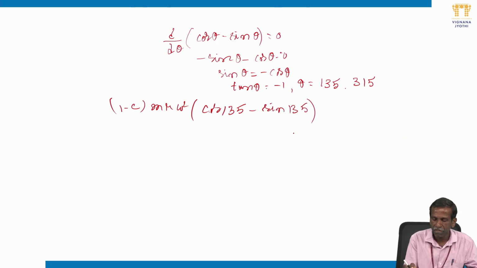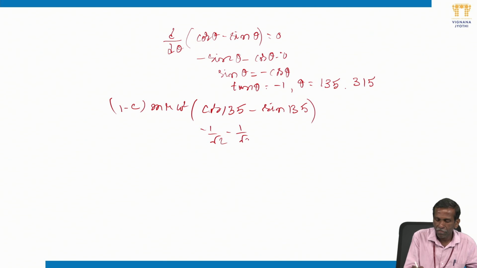You know that cos 135 is minus 1 by root 2, and sin 135 is 1 by root 2. So you are going to get, overall, minus root 2 (1 minus c) m r omega square.